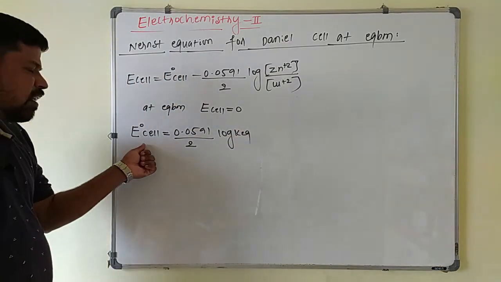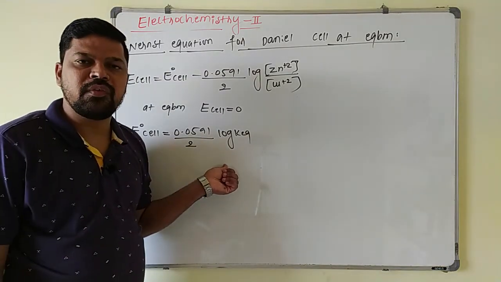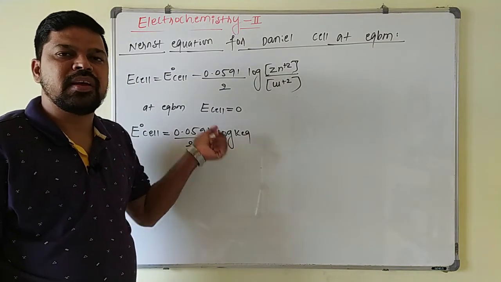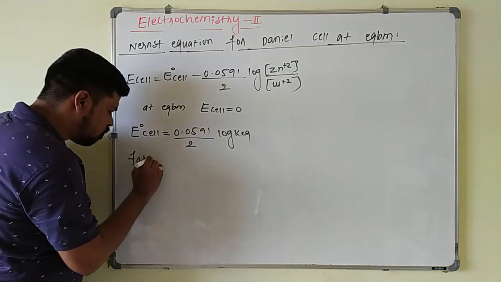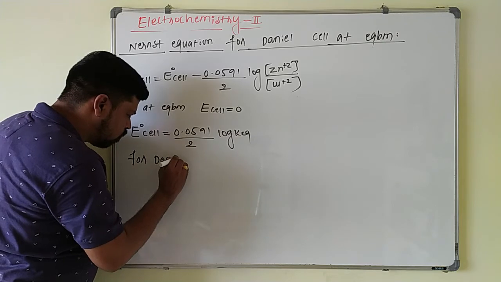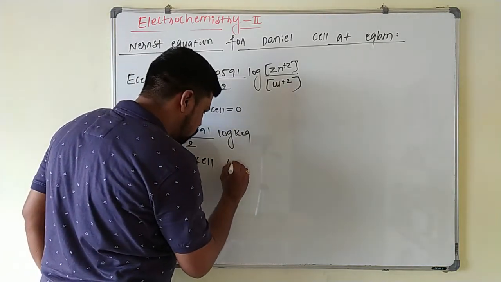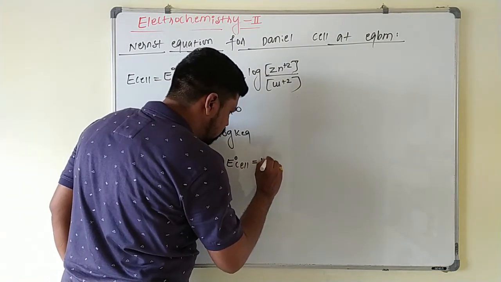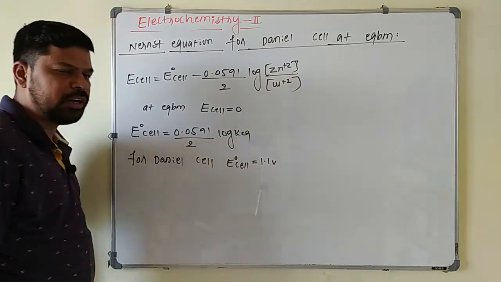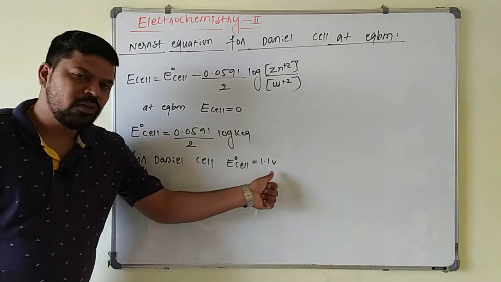Now for the Daniell cell, the standard cell potential will be equal to 1.1 volt. Already we know that the EMF produced by the Daniell cell is equal to 1.1. For the Daniell cell, the standard cell potential is equal to 1.1 volt here. So you substitute E naught cell as 1.1 volt.